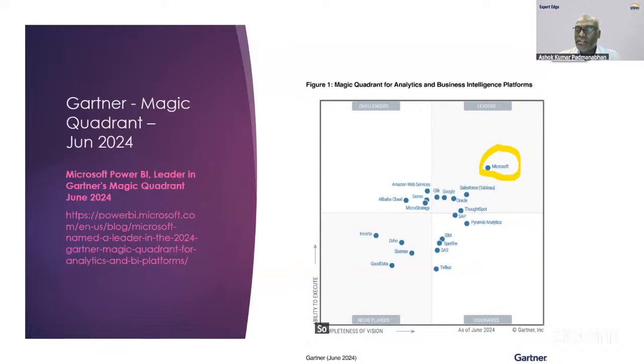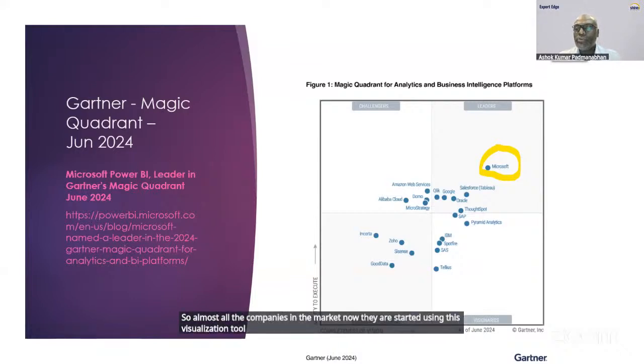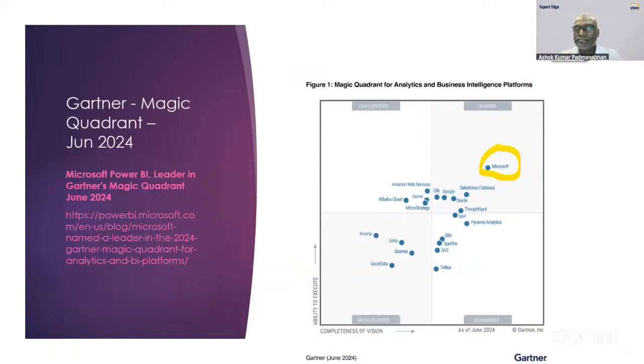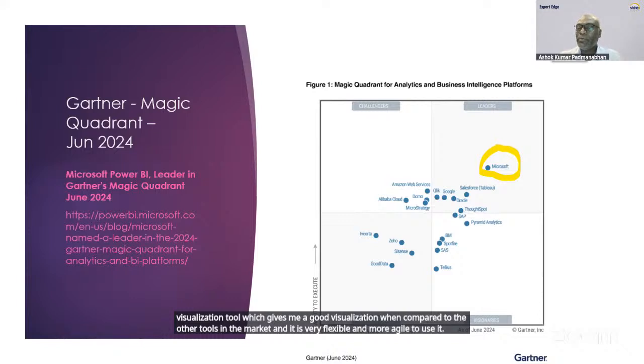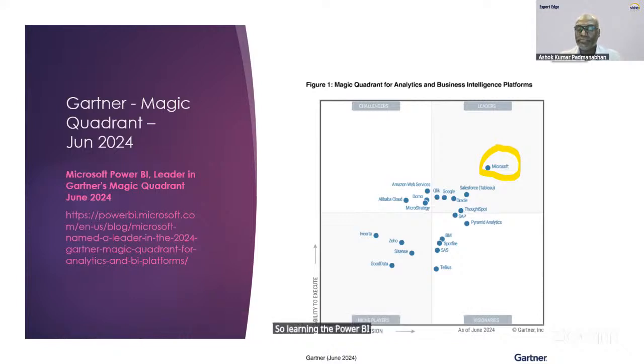Almost all companies in the market have started using this visualization tool, which gives good visualization compared to other tools, and it is very flexible and agile to use. So learning Power BI is actually the right move.